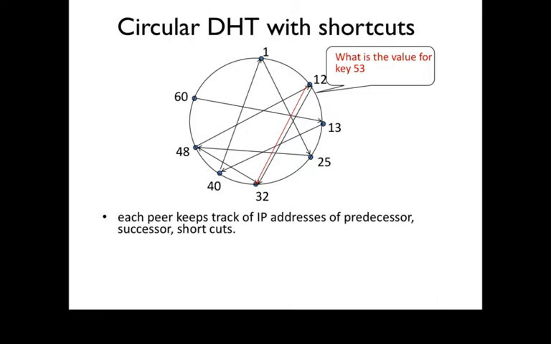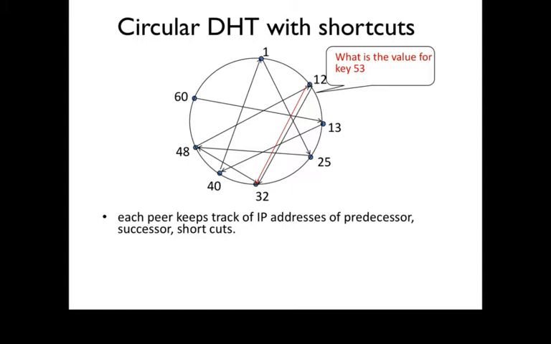The moment you have shortcuts, what do you know? You know that your successive nodes are 13 and 32. You know two successive nodes. And as an example, let's assume that 12 had one more shortcut to 60.